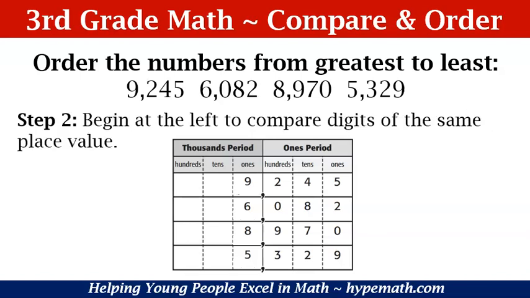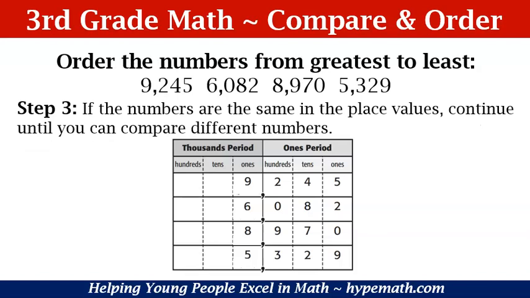Step 2, beginning at the left, the furthest left place value column, we are going to compare the digits of the same place value. Step 3, if the numbers are the same in the place values, continue until you can compare different numbers.